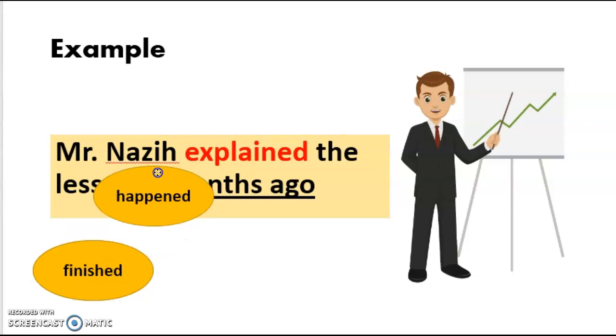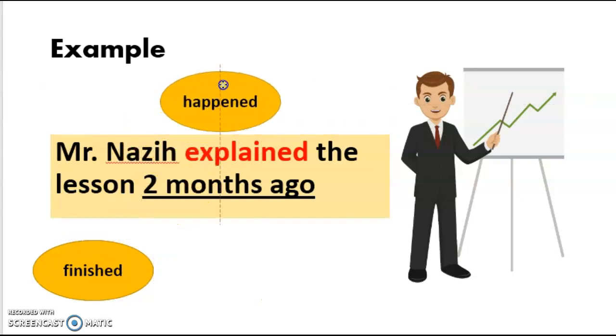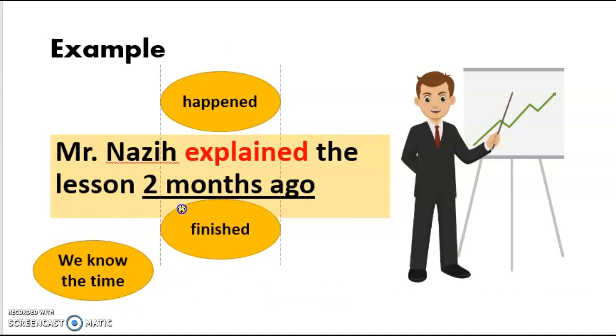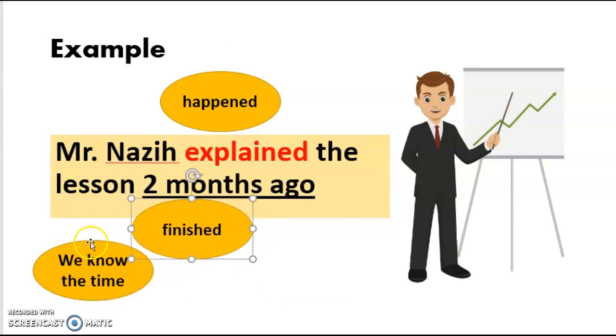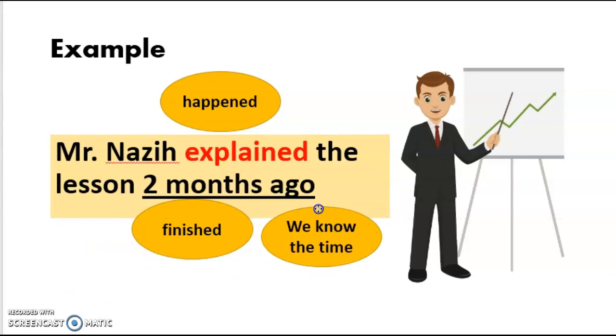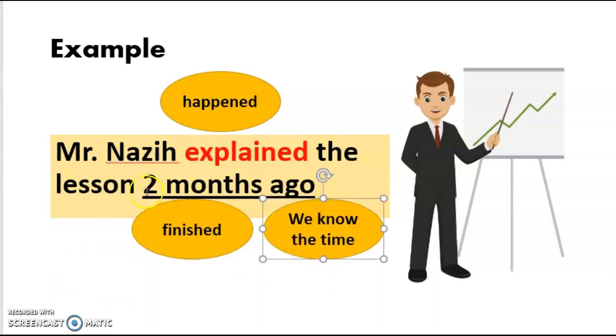First, we know that this action happened and finished in the past, and definitely we know the time and we mentioned it in the sentence: 2 months ago.